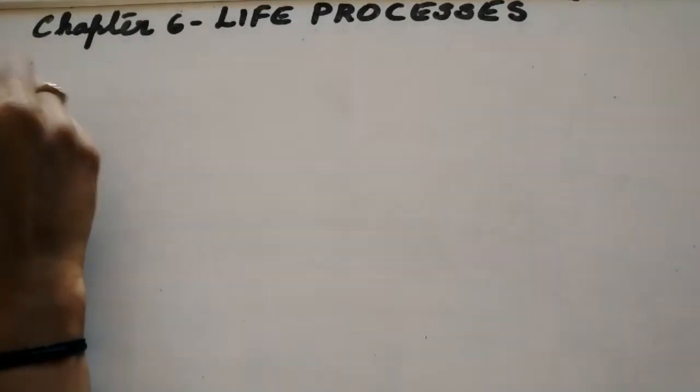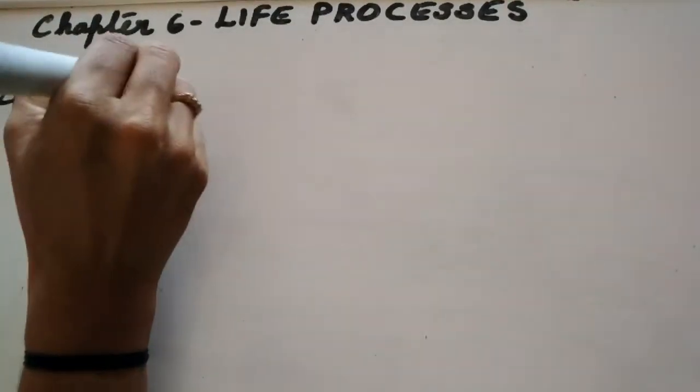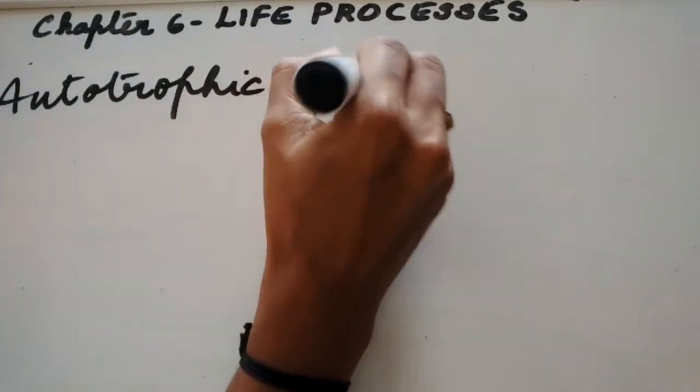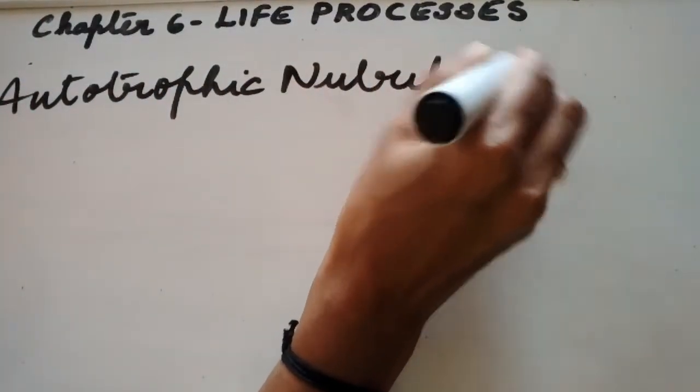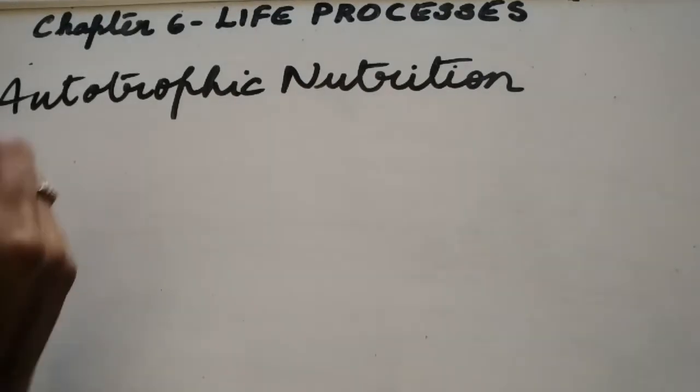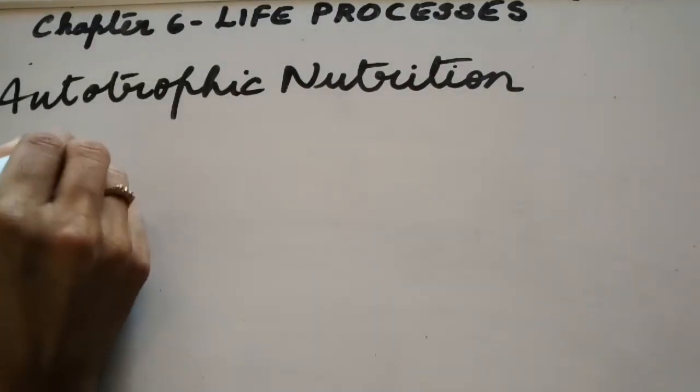Now let us learn in detail about autotrophic nutrition. Requirements of autotrophic organisms are fulfilled by photosynthesis.